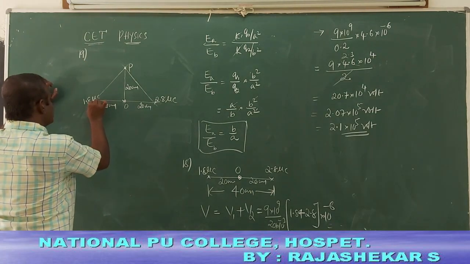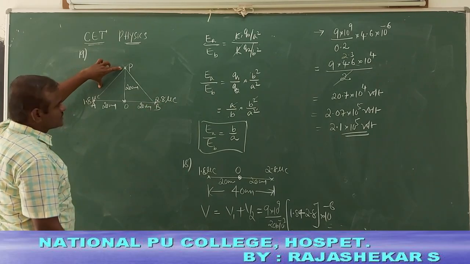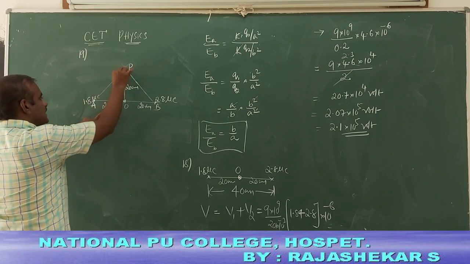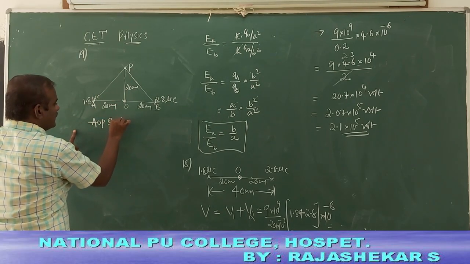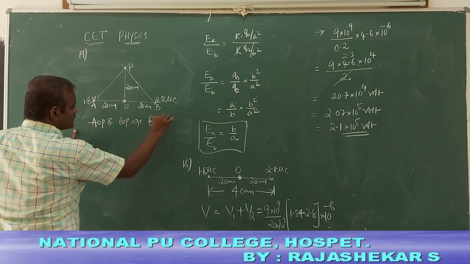If you call this A, this B, then this distance, look at this, it is a right angle triangle. AOP and BOP are right angled triangles.